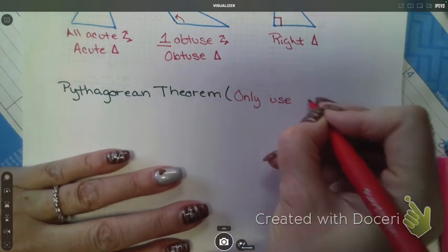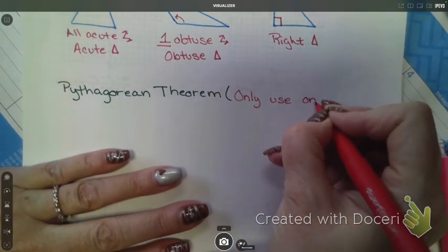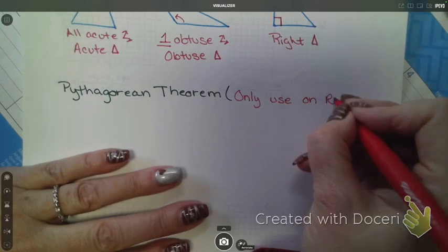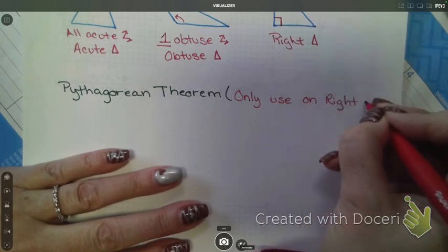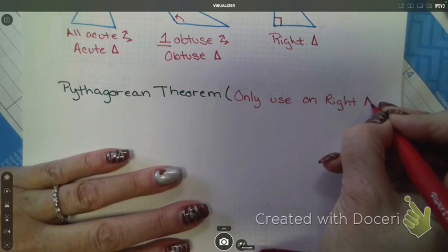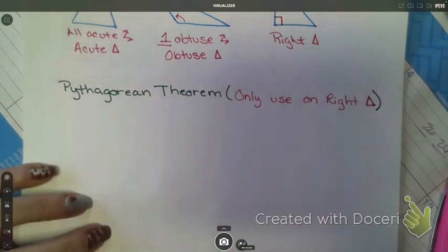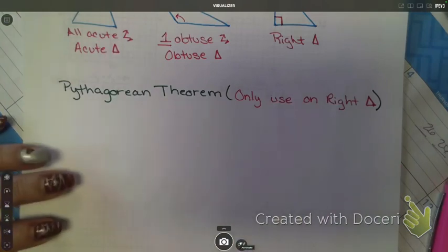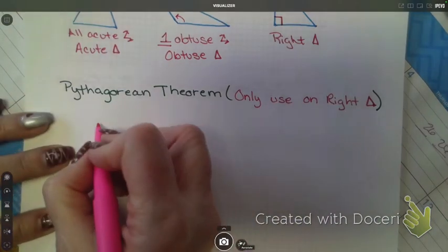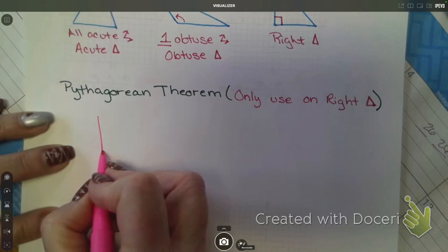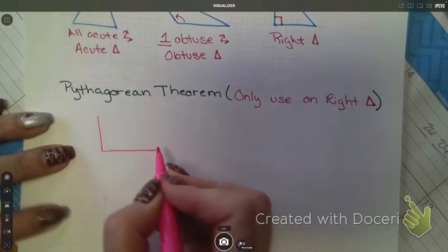Right triangles. Okay, so what is the Pythagorean theorem? Isn't it a squared plus b squared equals c squared? Yep, a squared plus b squared equals c squared.